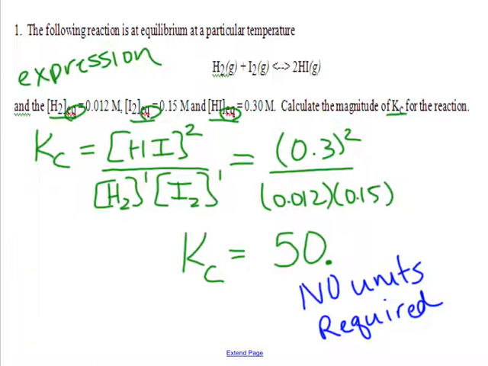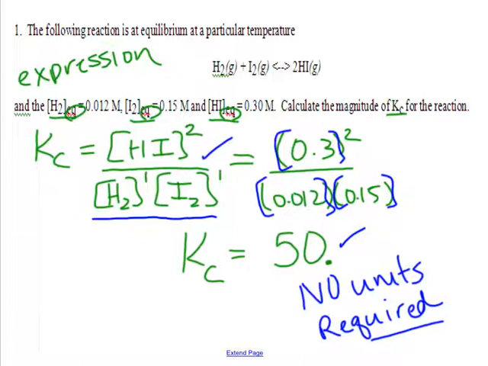But that's not the case every time, depending upon the coefficients, which cause different exponents. However, when those are concentrations, shouldn't I put these in brackets? Ideally, yes. As far as grading goes, they're going to look for this. They're going to see, did they use the right numbers to get the right answer? They're not going to dock you for this. Once you show this, you're safe here. Okay?